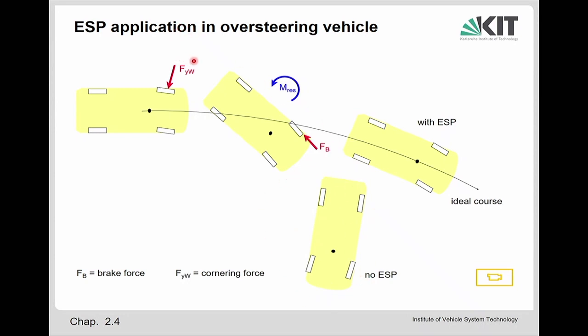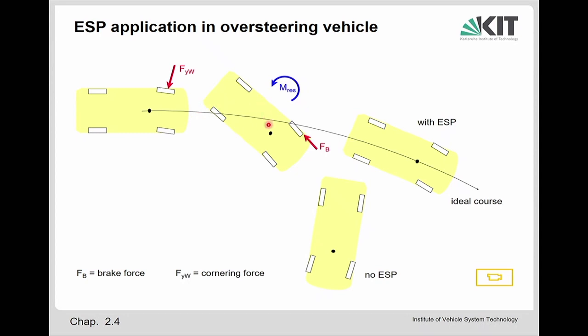And what is done in an ESP system is to activate the brake at single wheels, plus to control the motor to reduce driving force. So first, there are some sensors and electronics which are able to recognize that the vehicle starts to slide.